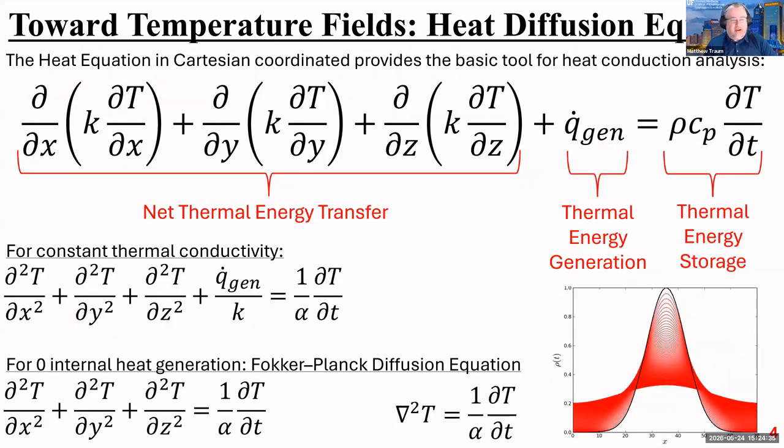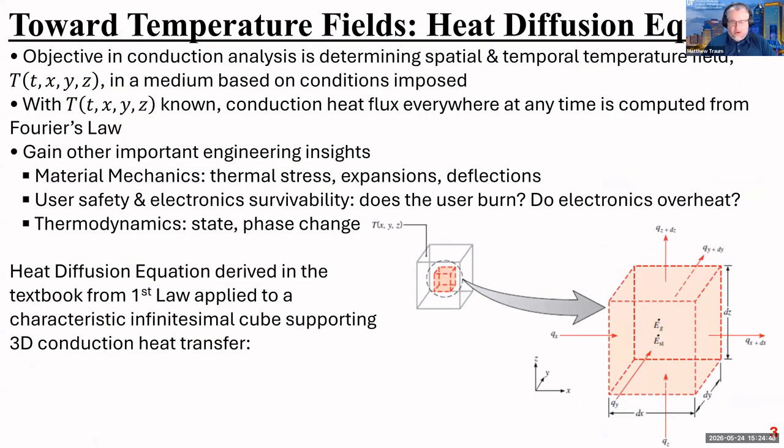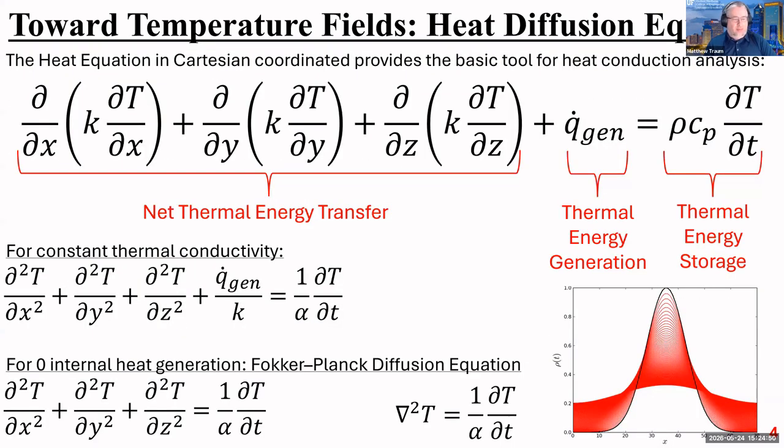Okay, so here's the end result. This is the full-blown equation. It's called the heat diffusion equation, and this one is in XYZ coordinates, right? Because we started out with a cube in XYZ. As I'll show you later, there is a version in polar coordinates, cylindrical coordinates, and also a version in spherical coordinates. But this is the Euclidean XYZ one, and it's basically got three components.